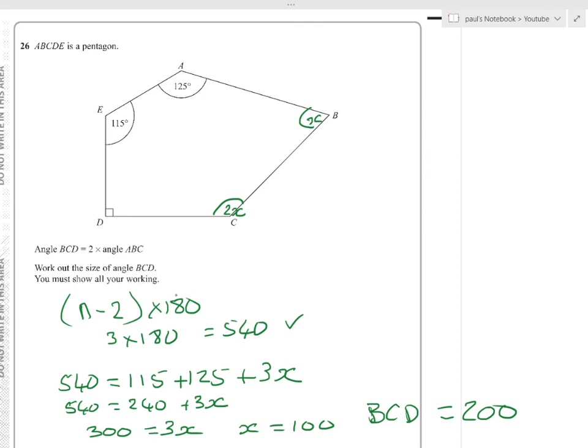Perhaps I've got this round the wrong way. So that's 100, 200, 230, 240. So I've got 240. So this was 210. What have I done wrong?